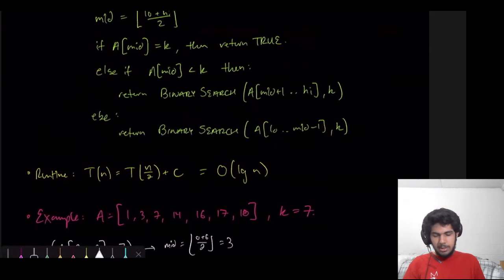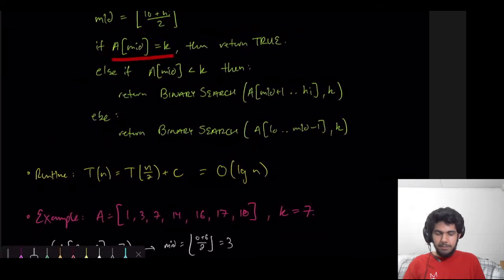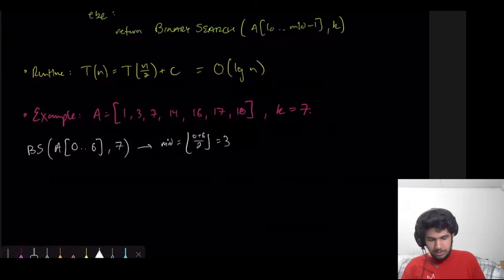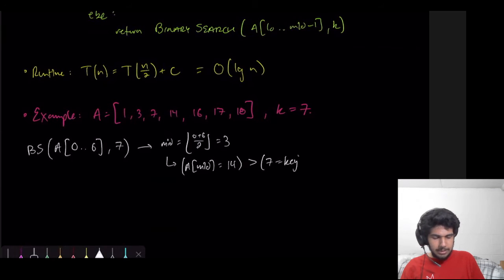All right. Then we want to check, is A of mid equal to k? A of mid is 14, and that's not equal to k. And it's not less than k either, so we return binary search on the left side of the array. Let me write out what we just said. A of mid is equal to 14, which is greater than 7, which is our key.